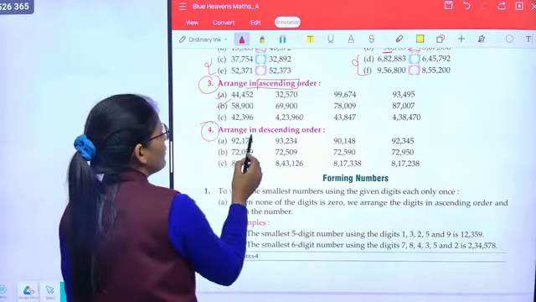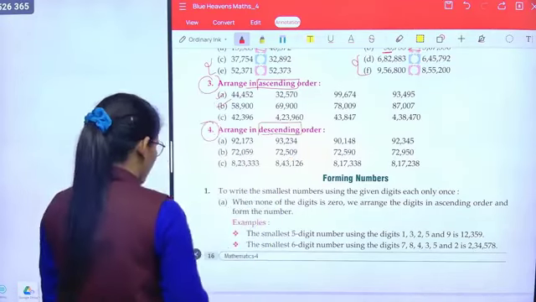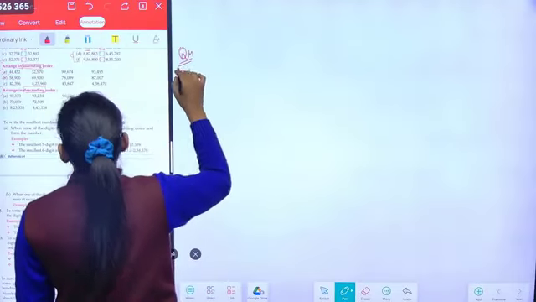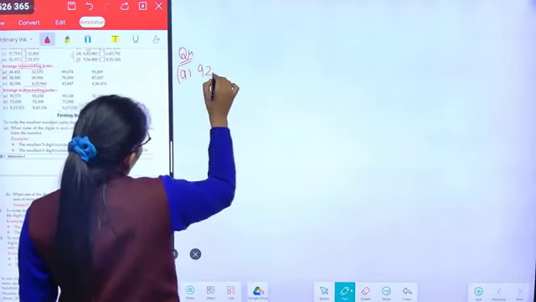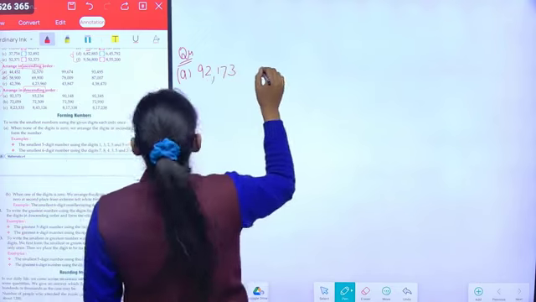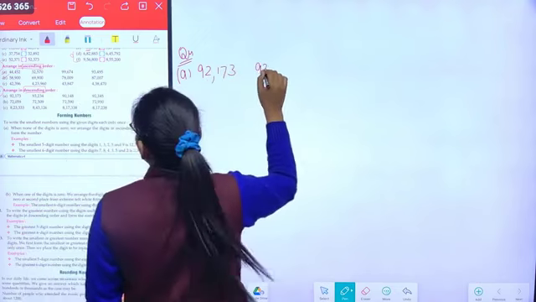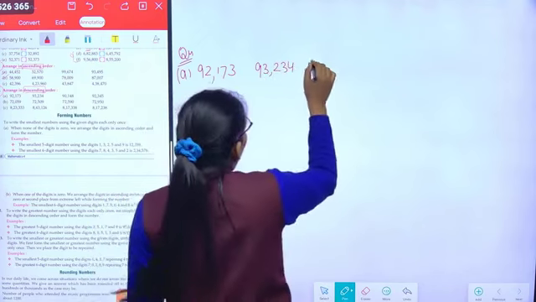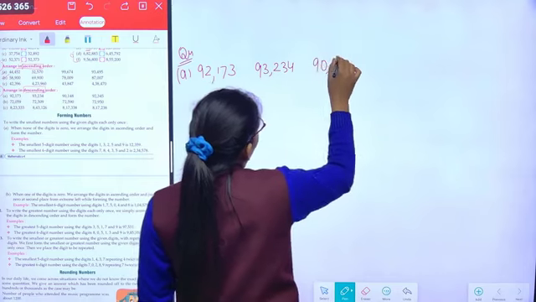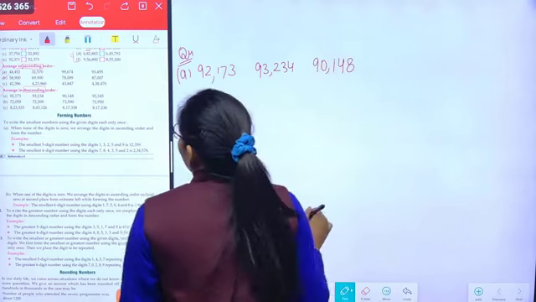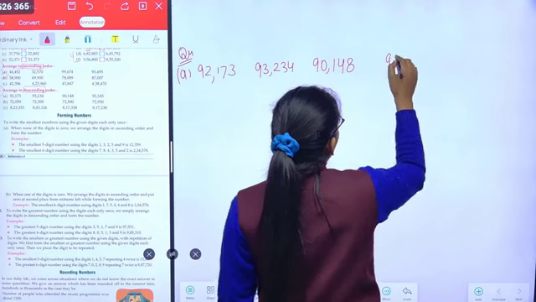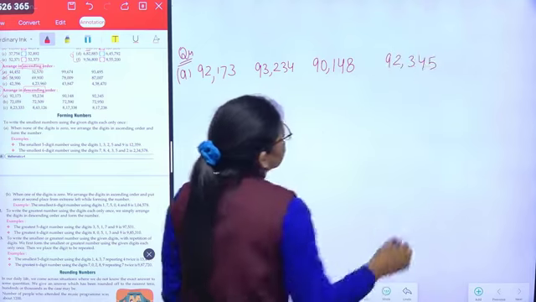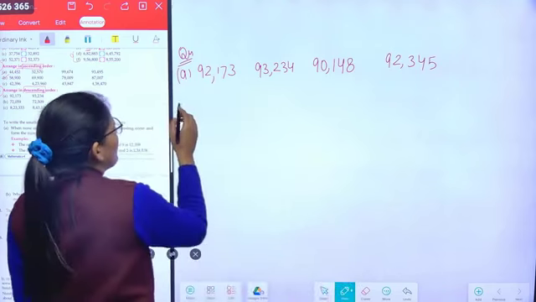Come on the question number 4, arrange in descending order. Now question number 4, A part is 92,173. Now 93,234. Now 90,148. Now 92,345. Understand, class? So what we will do?